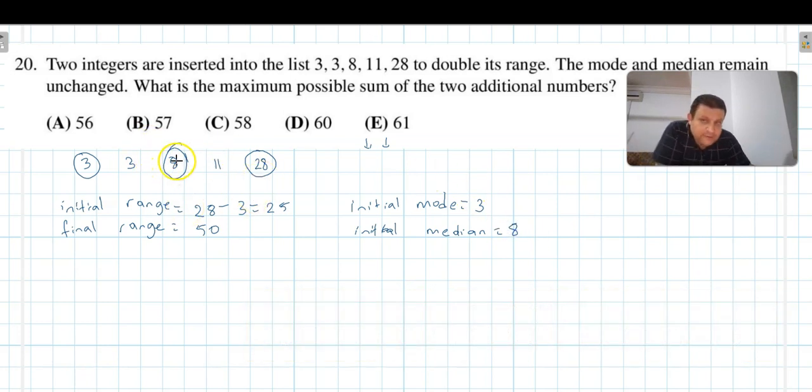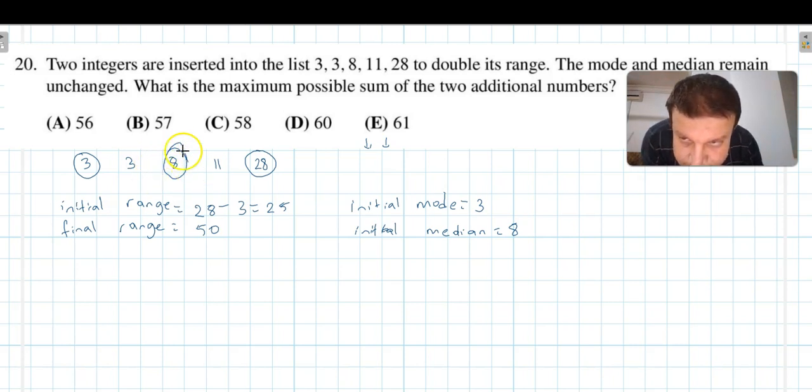Since the median is not going to change, we are going to add one number less than 8, and the other number is going to be more than 8. My question, can it be 8?